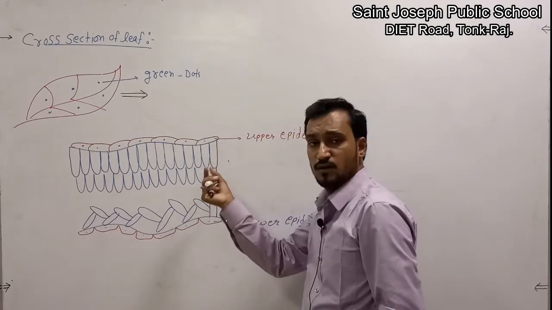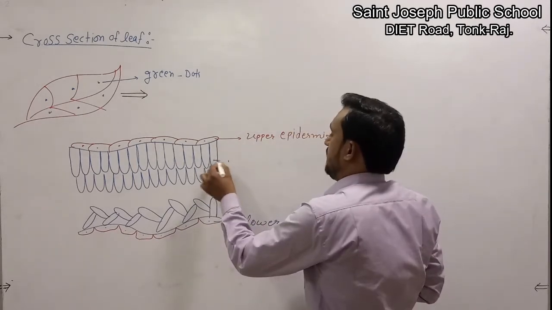These are long column-like cells and known as palisade cells.